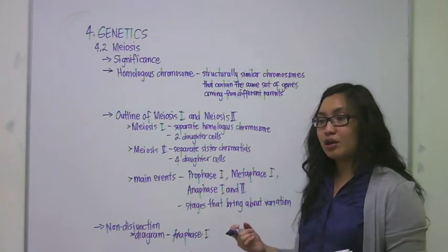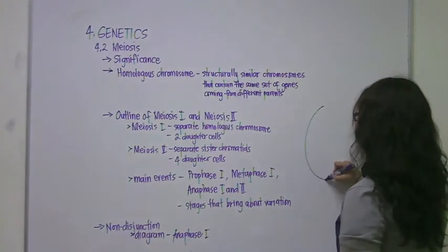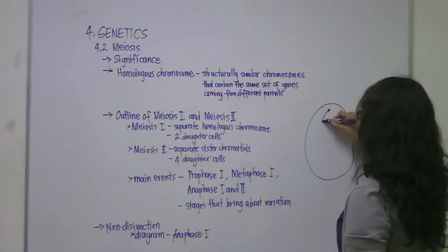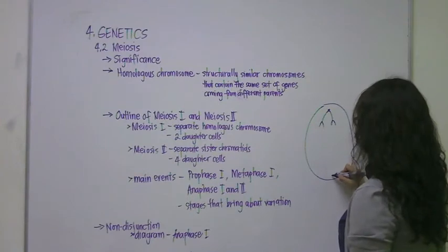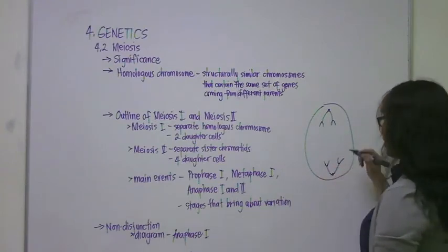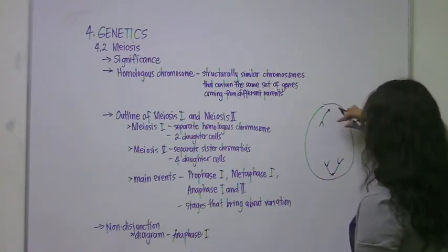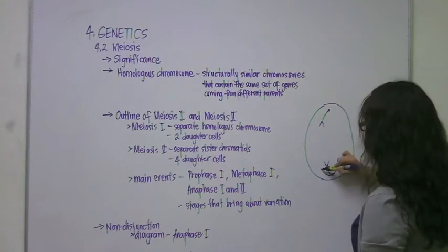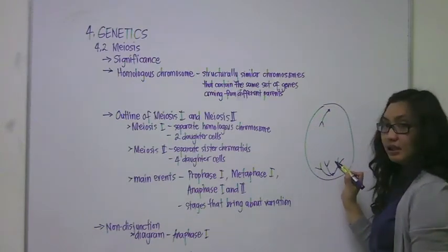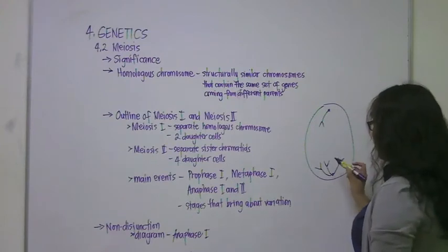For example, in the diagram, supposedly there should be two chromosomes separated here. But because of non-disjunction, one of the chromosomes failed to separate and became part of one of the nuclei here.